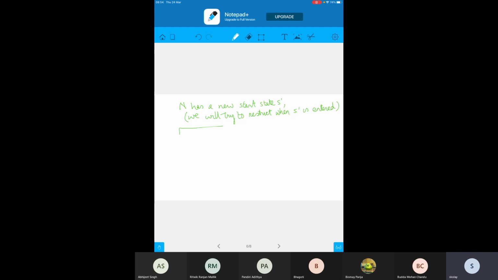So maybe for the tape of N, we put in a special symbol as the left hand marker for N, along with the input of M. Let me do this on a separate track.